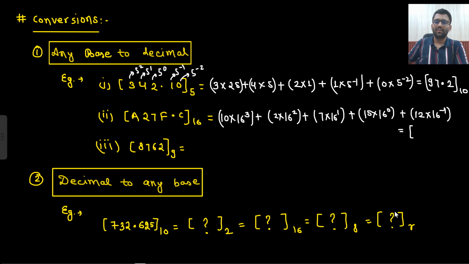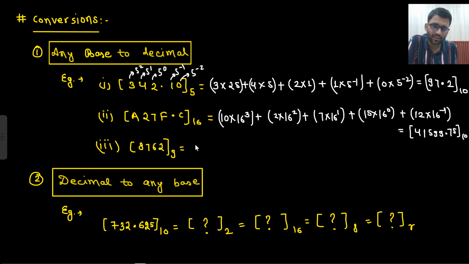Let's check. So 16 cubed into 10 plus 16 squared into 2 plus 7 into 16. Let me pause it and do the calculation. So you are getting 41599.75.